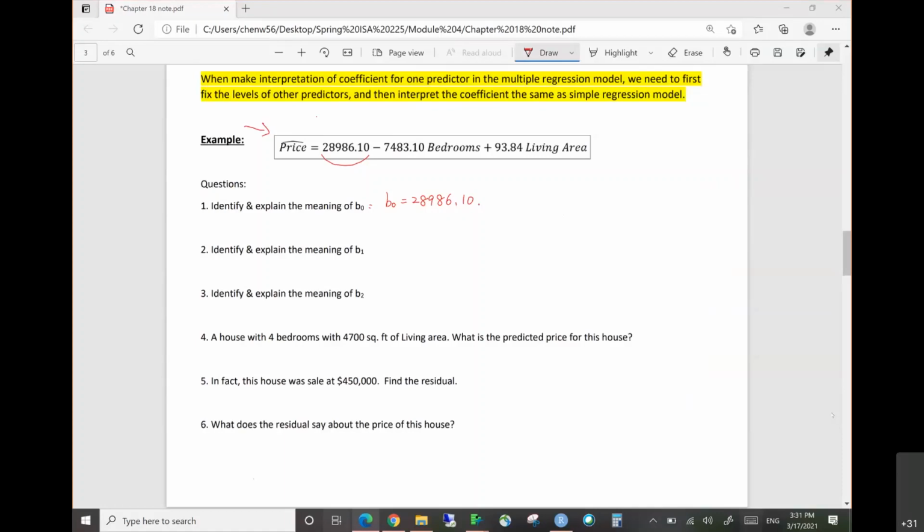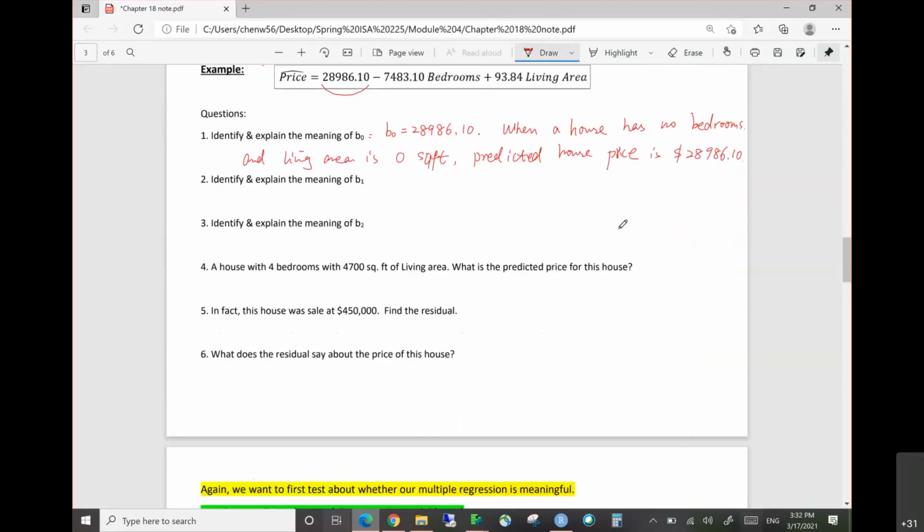So we say, when a house has no bedrooms, that means the number of bedrooms equals zero, and the living area is 0 square feet, then the predicted house price is this much, right? So it would be 28986.10.